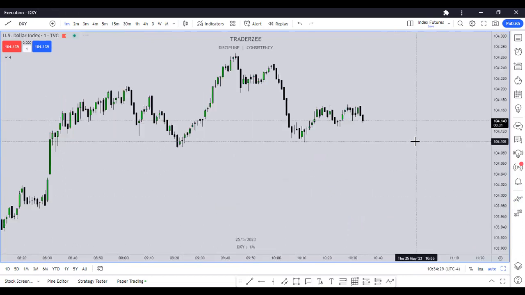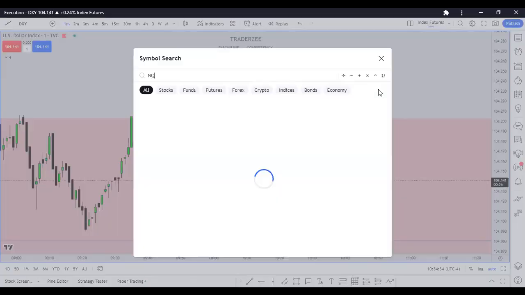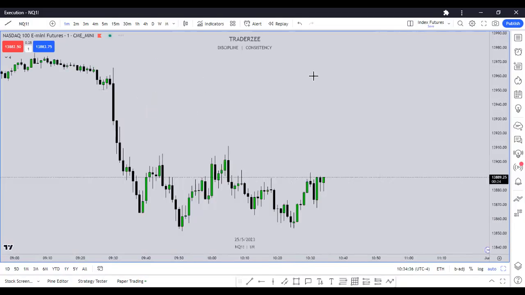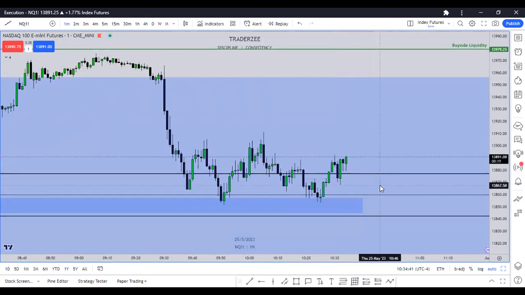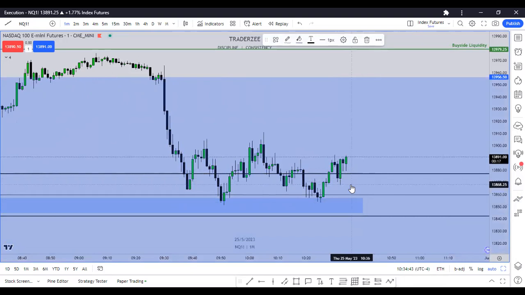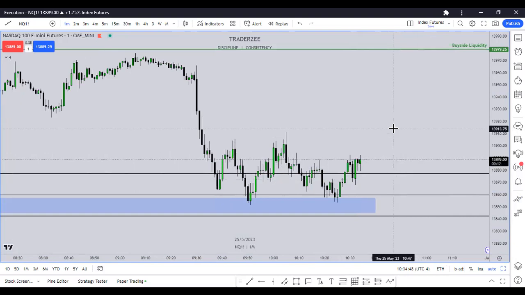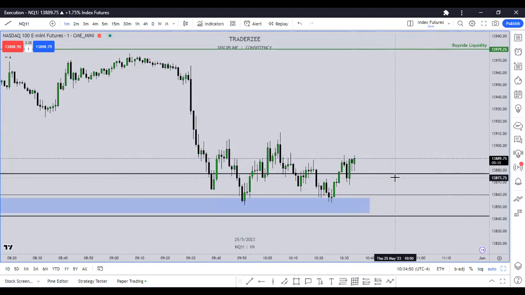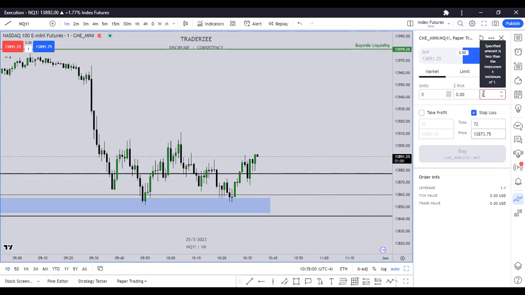Let's look at the Nasdaq now. It's still valid. I'll go long again. It was NQ1.